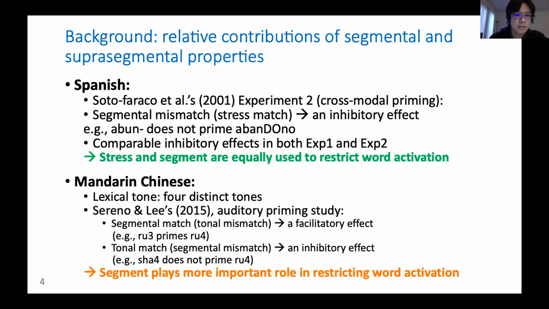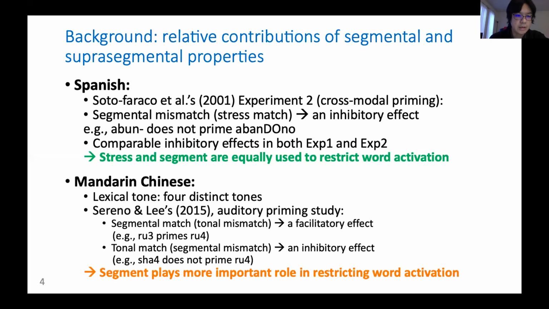So for example, listening to a word fragment abun does not prime the target abandono, which matches the prime in terms of stress location, but mismatches the prime in segment. Since they observed comparable inhibitory effects in both experiment 1 and 2, they concluded that stress and segment are equally used to restrict word activation.